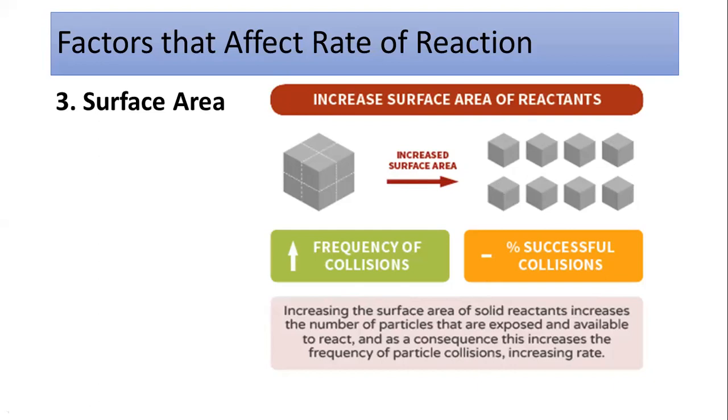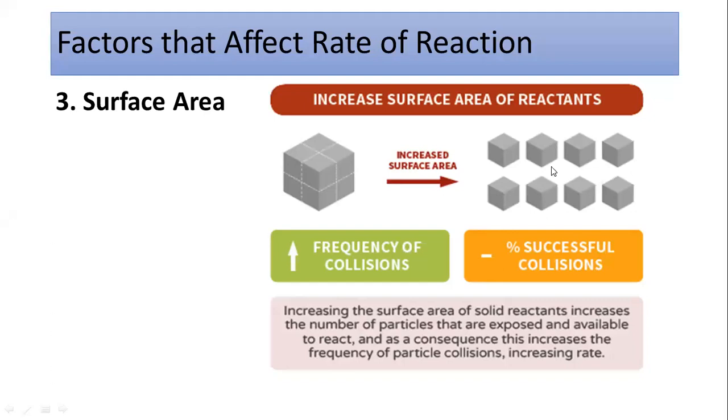So now we are going to look into detail how this surface area is going to affect the rate of chemical reactions. So again, it is very simple that if there is more surface area, that means it is having more possibility to collide the reactants with each other because of having more surface area.